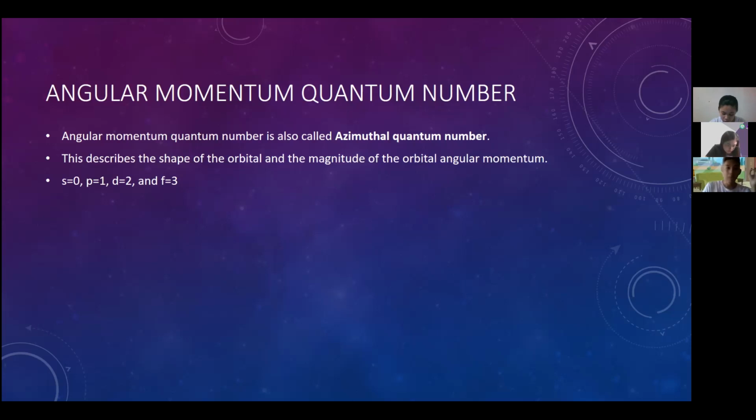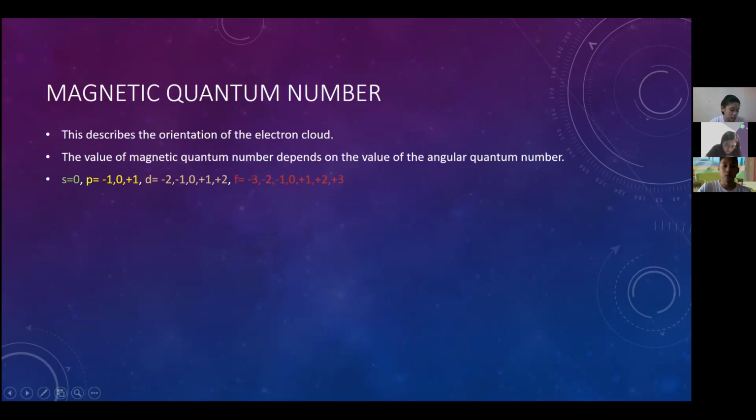You can tell the angular momentum quantum number from the letter: S is equivalent to 0, P is equivalent to 1, D is equivalent to 2, and F is equivalent to 3. So if what is written is, for example, 3d8, the letter is D, so its angular momentum quantum number is 2.